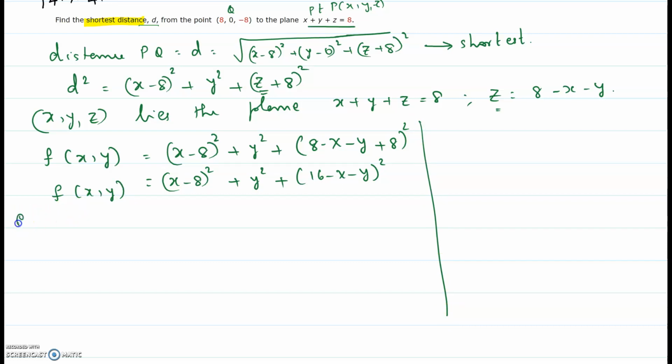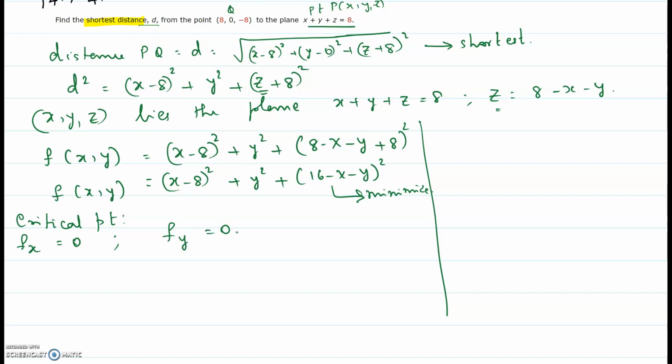Now, in order to minimize this, we have to first find the critical point. So this is the objective function, or the function to minimize. The critical point is obtained by setting f_x equal to 0 and f_y equal to 0, which are the partial derivatives with respect to x and y.